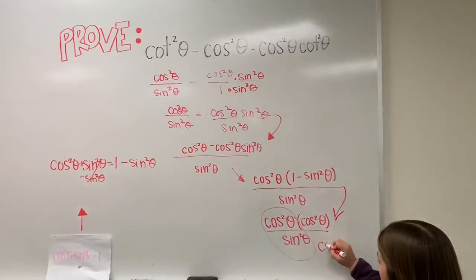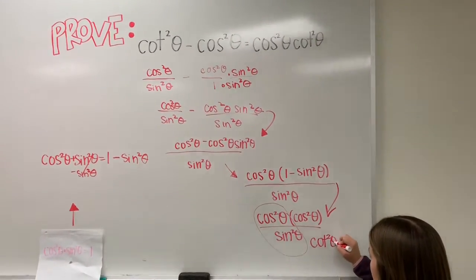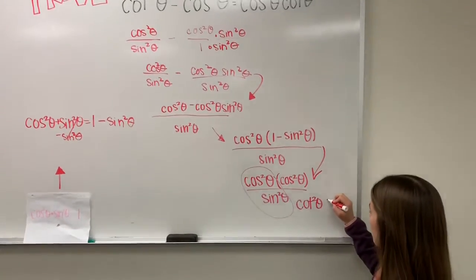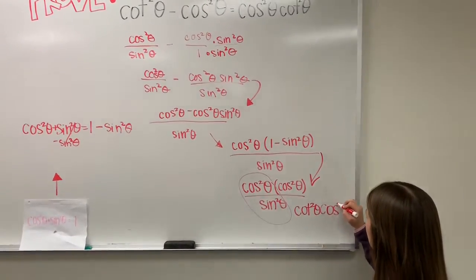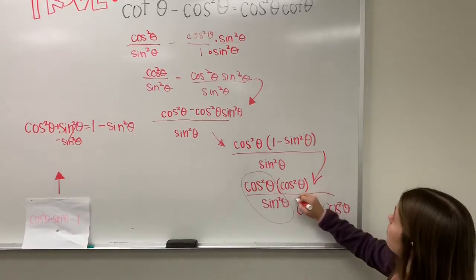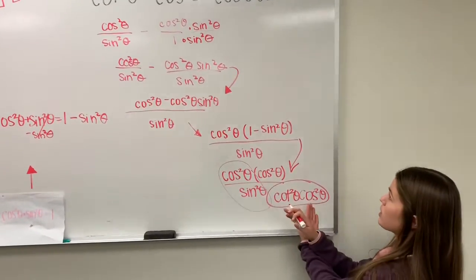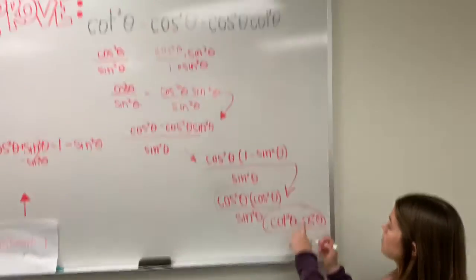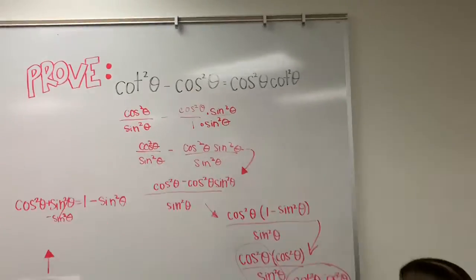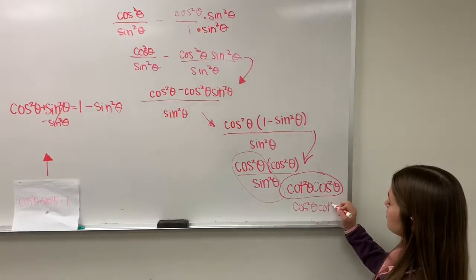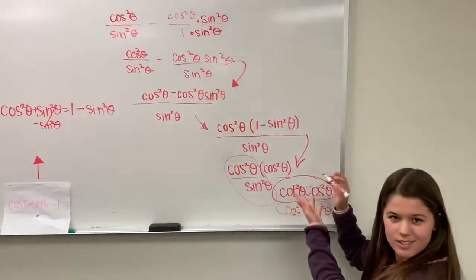So that part becomes cotangent squared of theta, and we have cosine squared of theta already in our numerator. So now we have finished the problem. And since it's multiplication, we can switch them to match exactly: cosine squared of theta, cotangent squared of theta. And there you have your answer.